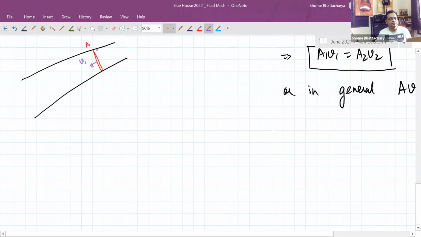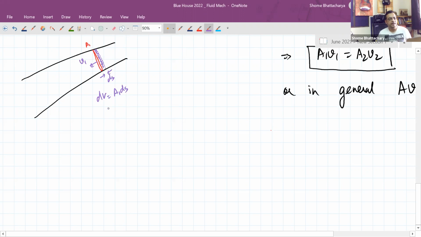So in a time delta t, in a relatively short amount of time, the volume of liquid that enters through here will be the volume of this section. So if this section is, let's say, ds, the volume of liquid entering through that is area into that cross section ds.